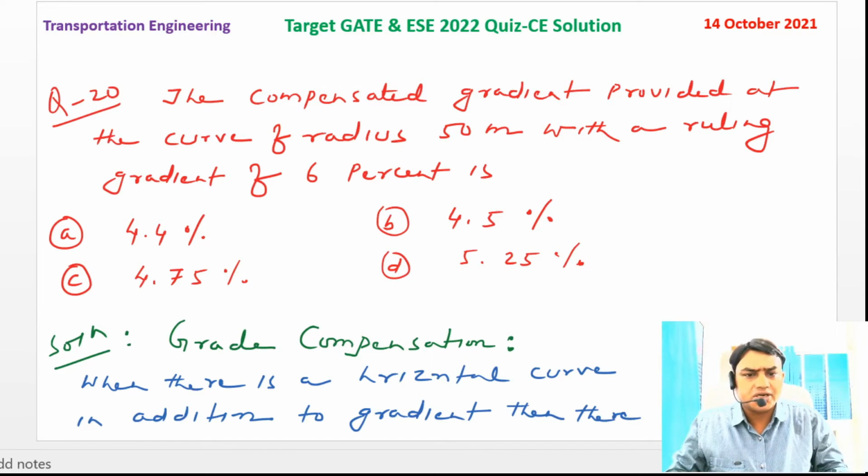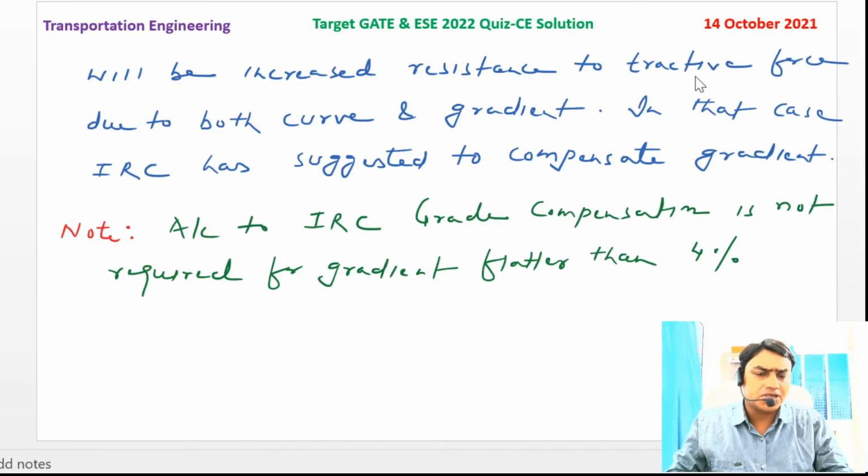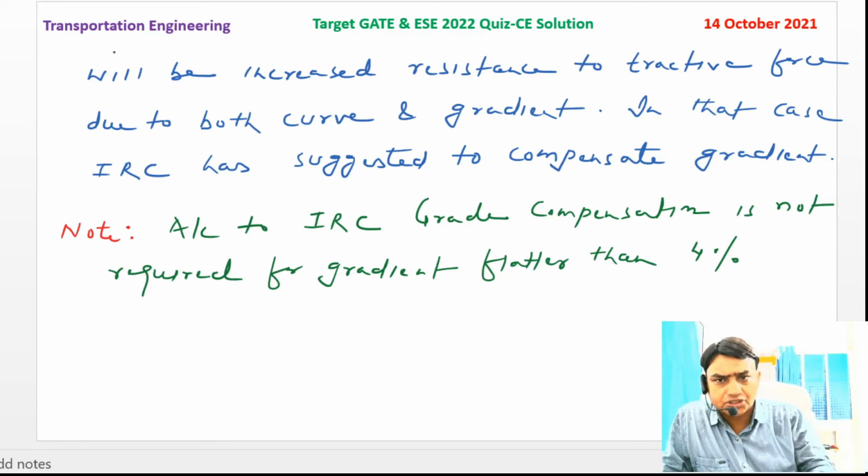When there is a horizontal curve in addition to gradient, there will be increased resistance to tractive force due to both curve and gradient. In that case, IRC has suggested to compensate the gradient. But IRC also suggests that grade compensation is not required when the gradient is flatter than 4%. So when the gradient is flatter than 4%, there is no need of grade compensation.